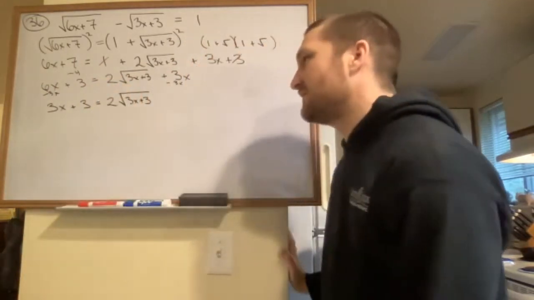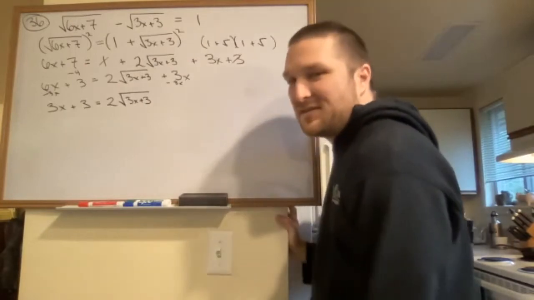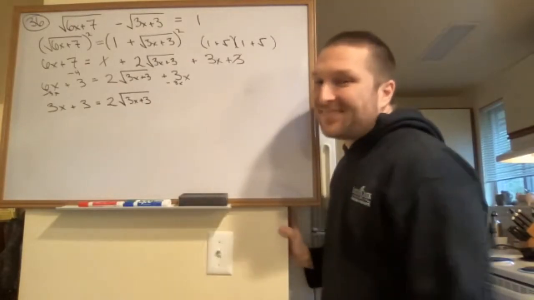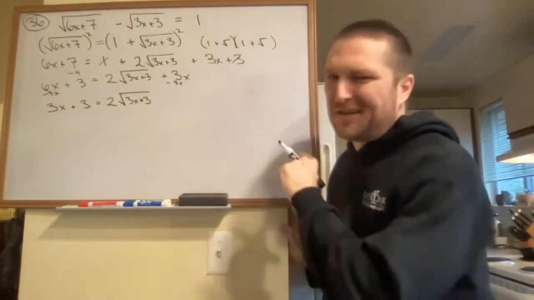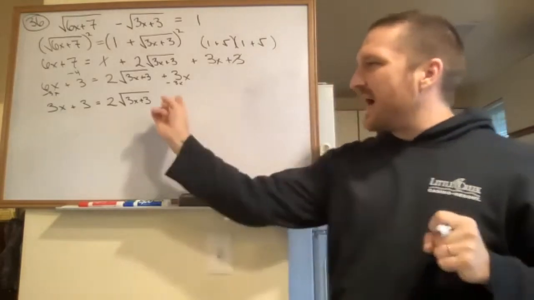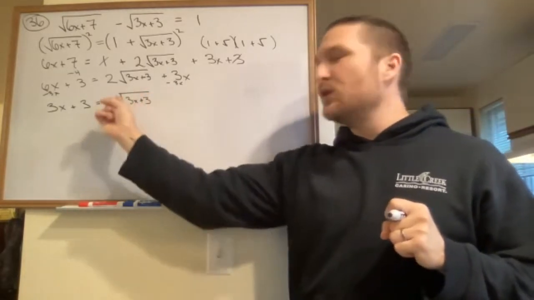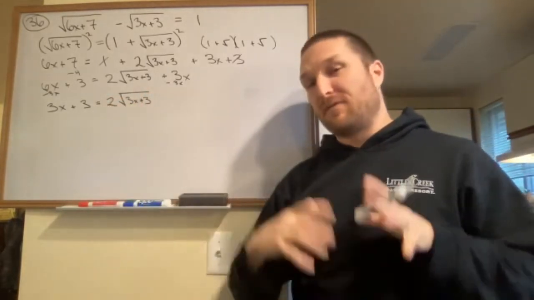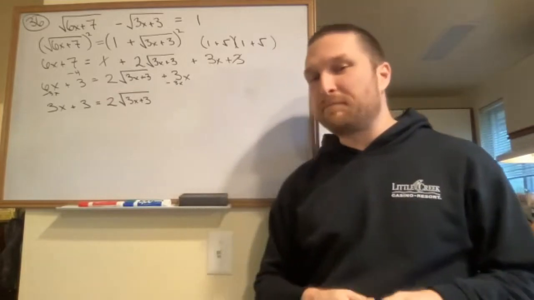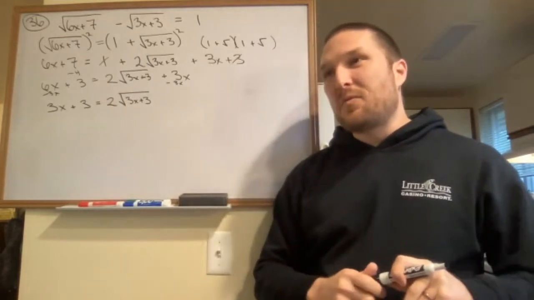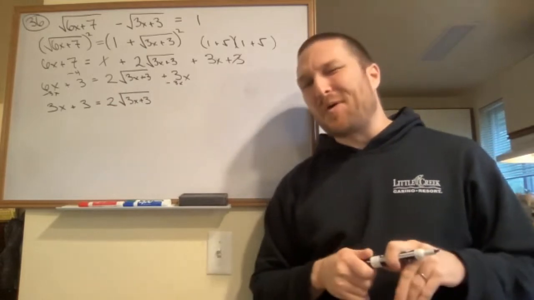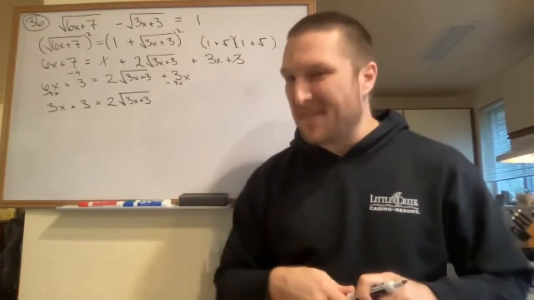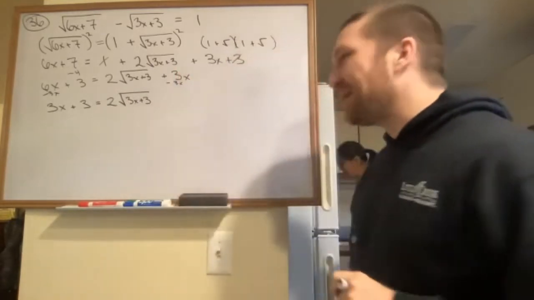Now, what we've been doing up until now, and I've made a big point of this, is that we need to isolate the entire root by itself before we square this thing out. I'm going to do this, and you're going to see why you don't always want to do that. But let's just try.